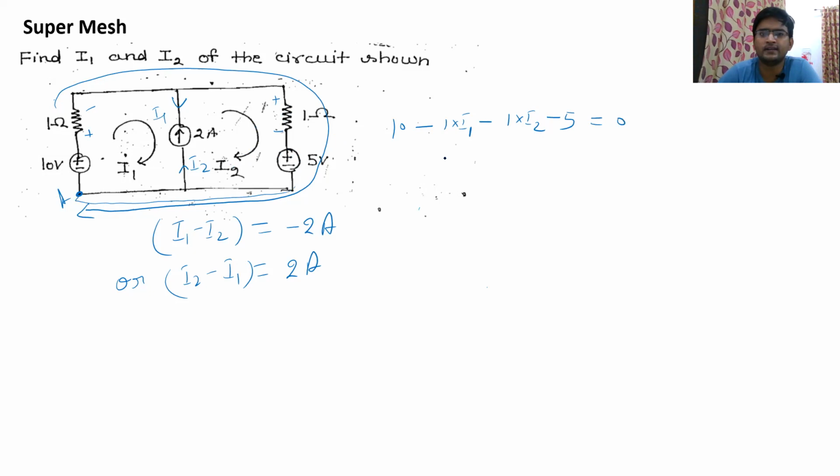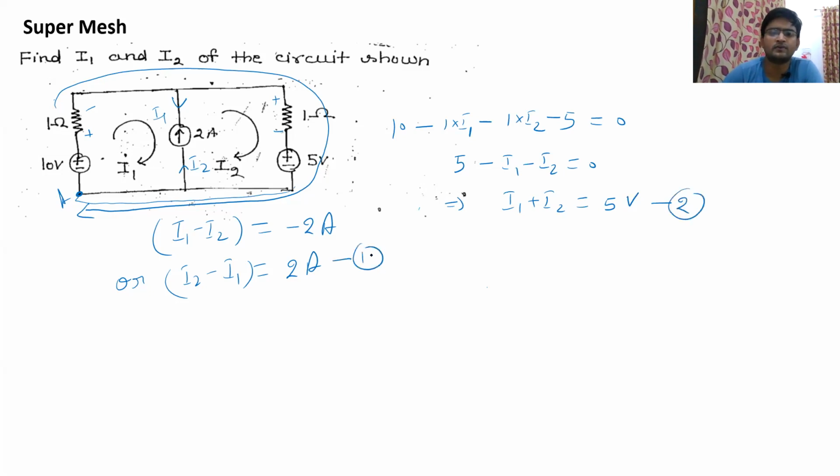So we can say that 10 minus 5 is 5, minus I1 minus I2 is equal to 0, which means I1 plus I2 is equal to 5 volt. This is our equation 2, and this was our equation 1.